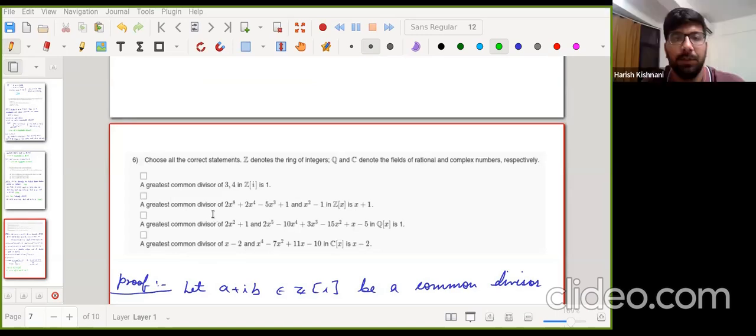So the first two options, if I show the second part is correct, then the first one is of course not correct. The second part says the ring R contains infinitely many maximal ideals.